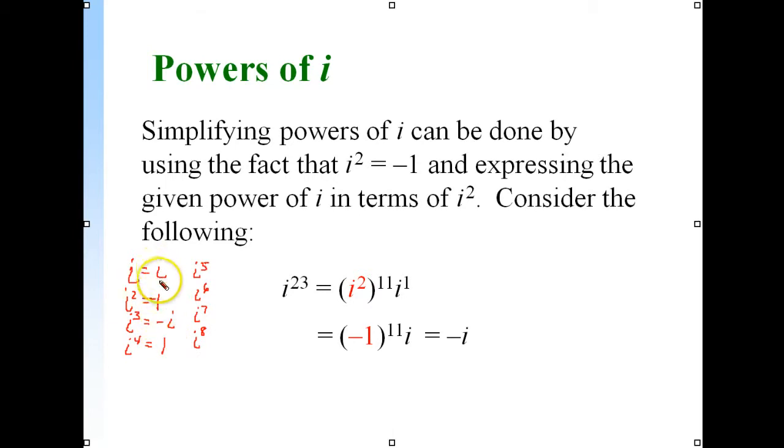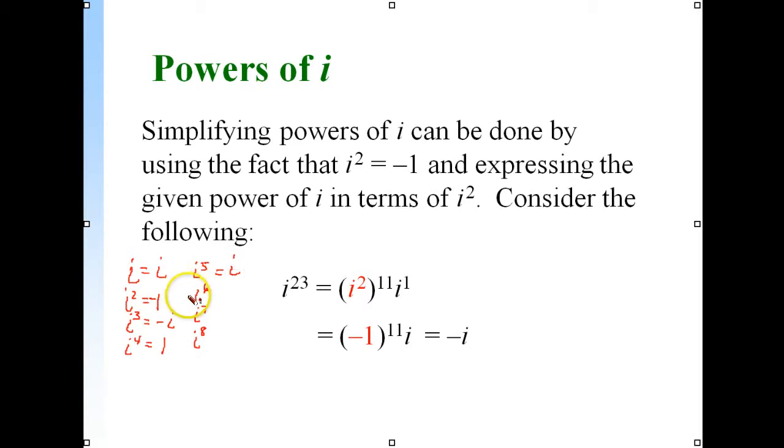So for every 4 powers of i, you keep getting the same pattern again, because this is actually i to the fourth times i, which is going to be 1 times i is i.